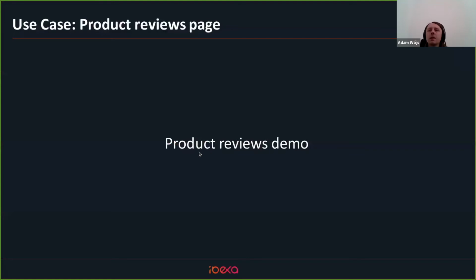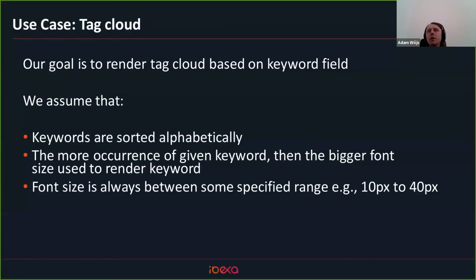Okay, that was the second use case that we will talk about today, and we now jump to the third one. The third use case will be the tag cloud. What we are going to build is basically the tag cloud, which will be based on the keyword field.